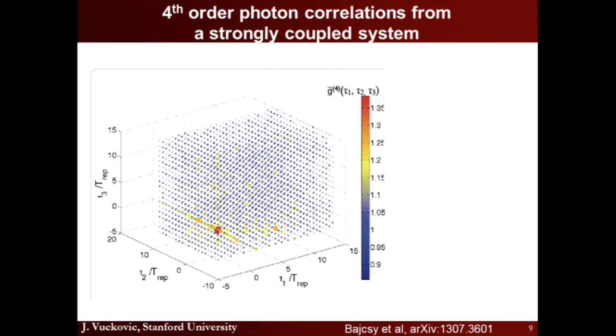Again, you see the dots don't have the same color or amplitude. The central dot at 0, 0, 0 is G4 of 0, so that's for coincident clicks of all of these four detectors. And the fact that all the dots have different colors indicates also that the transmitted statistics is not Poissonian.